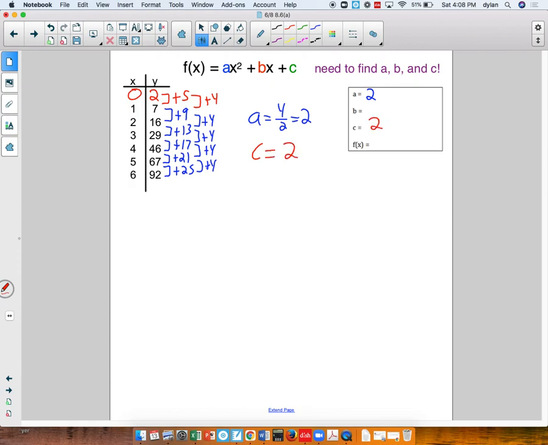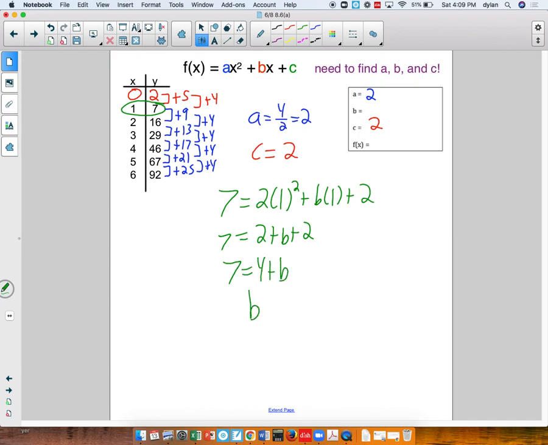So then finally, we're going to find b, and again, I'm going to use that first spot to do that. So I've got 7 equals, a is 2, so 2 times 1 squared plus b times 1 plus 2. So 7 equals 2 plus b plus 2. 7 equals 4 plus b.